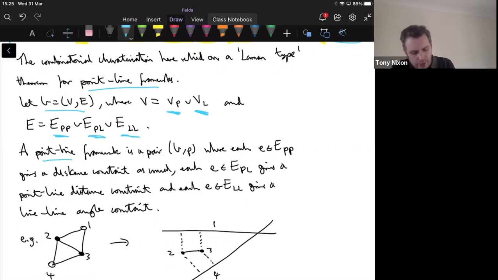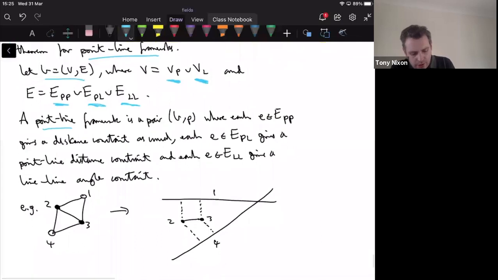Okay, and so then a point line framework is a pair which realizes the point vertices as points and the line vertices as lines, and each edge corresponds to the relevant thing. So an edge in EPP gives me a point-point distance constraint, our usual constraints between points. An edge in EPL gives me a point line distance constraint, and an edge in ELL gives me a line angle constraint.